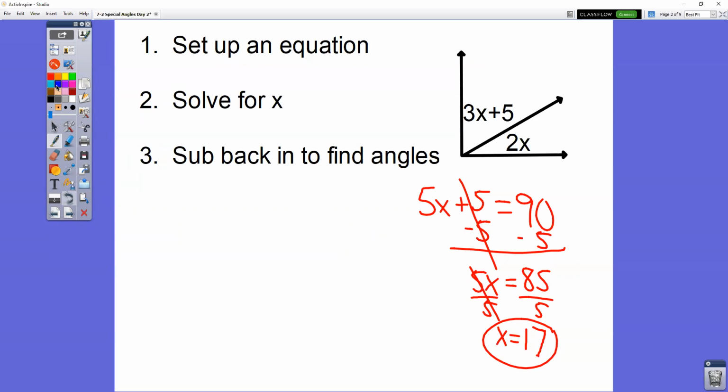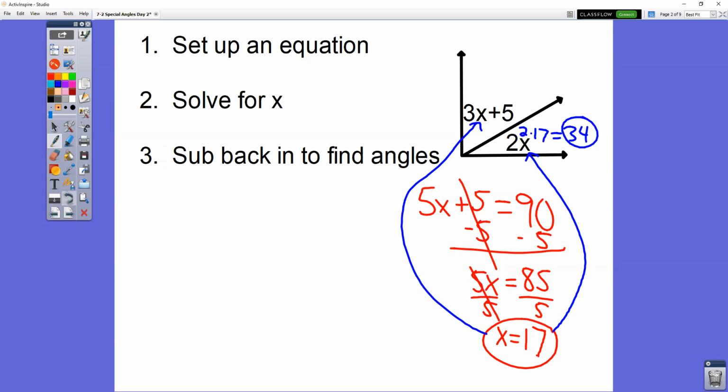The third step says sub back in to find the angles. You need to take this x equals 17, sub it into there for x, and sub it into there for x to find the two missing numbers in the angle. So down here we have 2 times x. Well, instead of 2 times x, we would have 2 times 17. 2 times 17 is 34. So this is a 34-degree angle here.